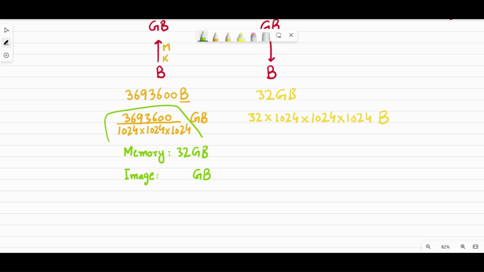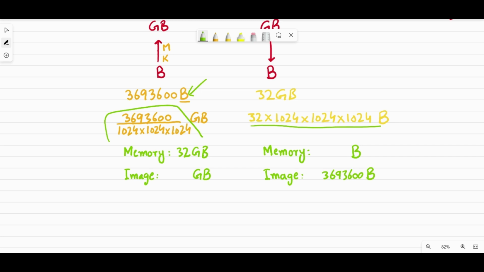And on the right-hand side we have again the memory size in bytes. How many bytes? These many bytes. And the image size also in bytes, which was 3693600 bytes.